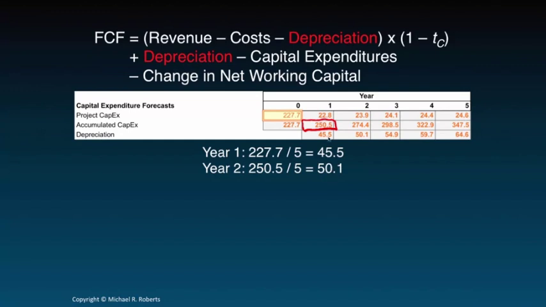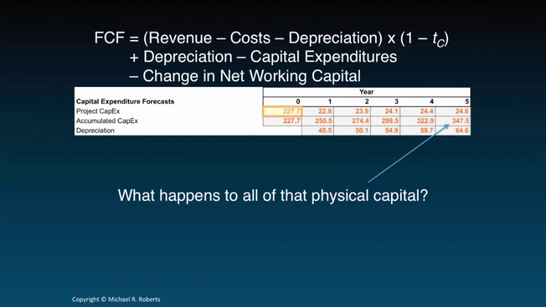And again, what's really going on is this capital stock is depreciating by another 20%, and then this depreciates by 20%. So we add those two to get the 50.1. And we continue that on, and we get our depreciation series.